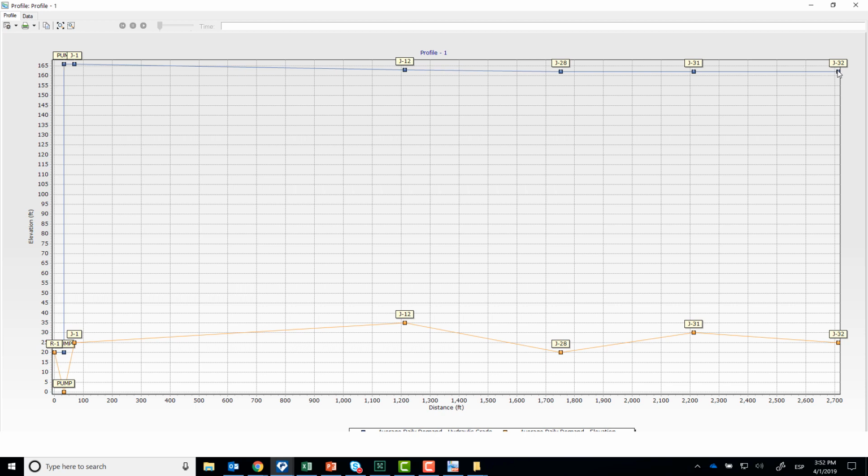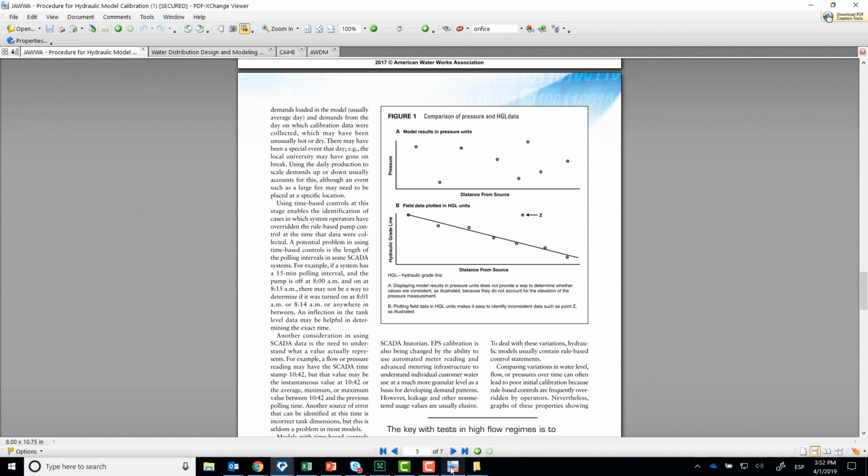So if I want to look at any model, I will see the hydraulic grade line to have an idea of what the boundary conditions are, and the hydraulic grade line should represent exactly what we're seeing here, downward sloping. It's what we're showing here.